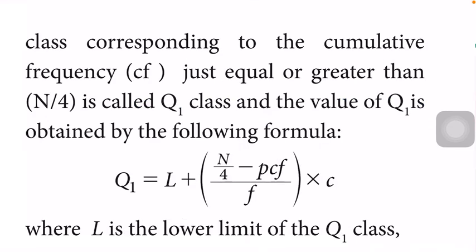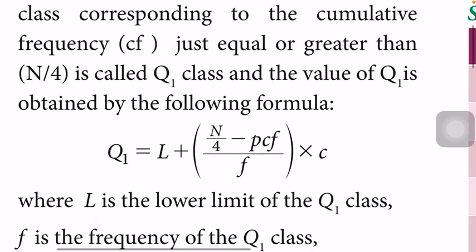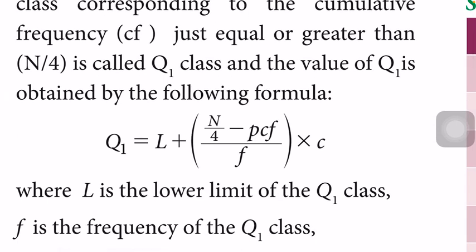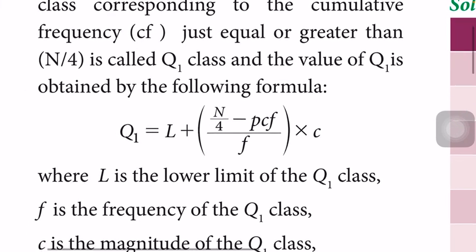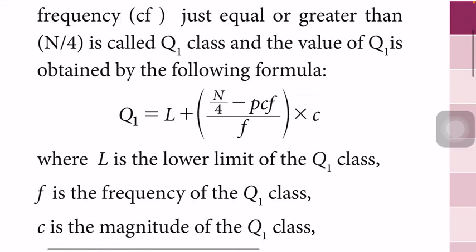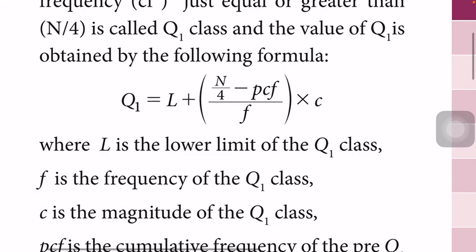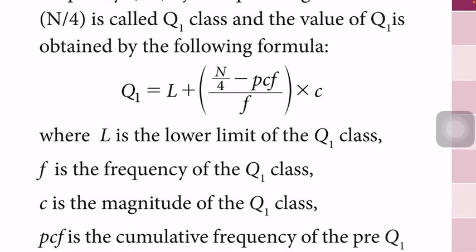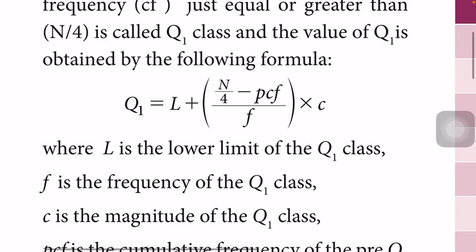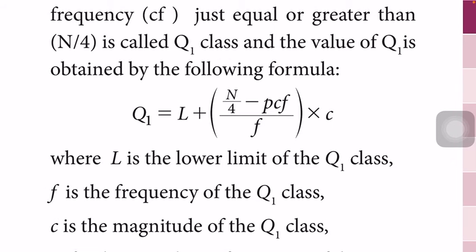So, the formula for continuous case Q1 is equal to L plus (N by 4 minus PCF) divided by F into C. Here L is the lower limit, N is the total frequency, F is the frequency, PCF is the previous cumulative frequency, divided by F, again frequency, into C. C is the class interval.